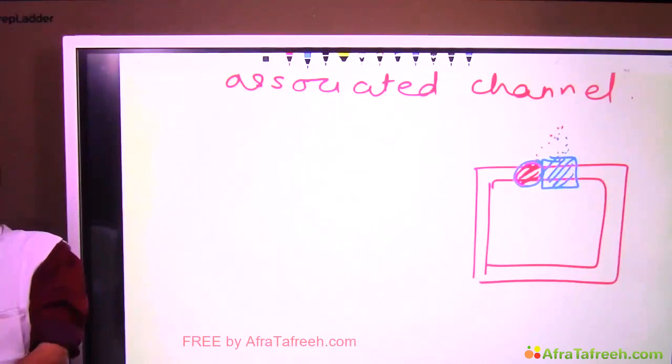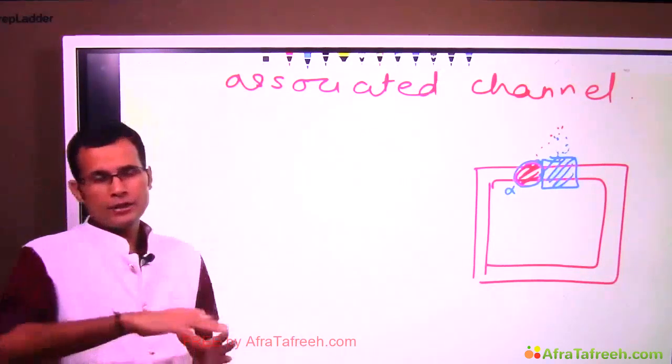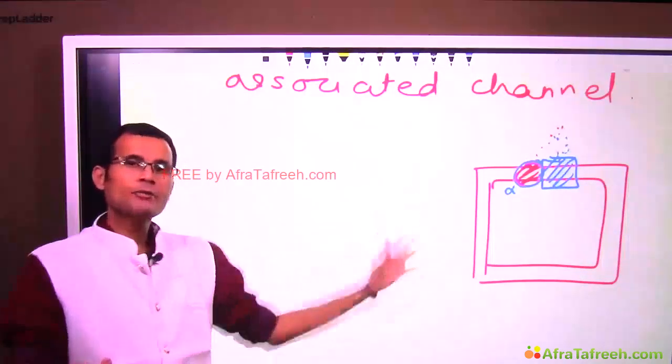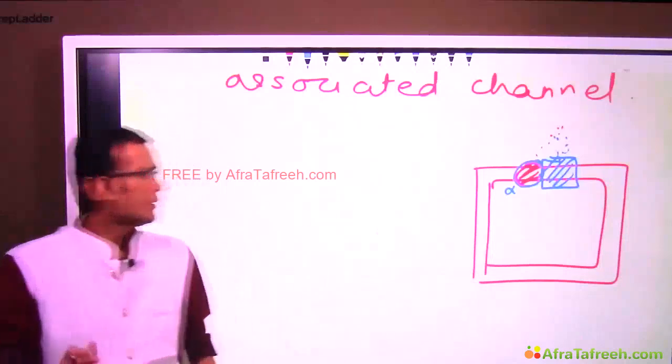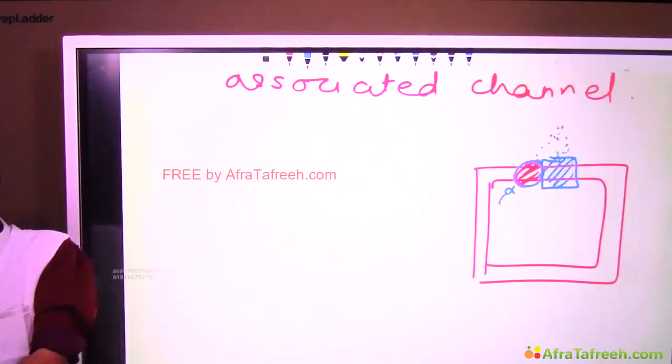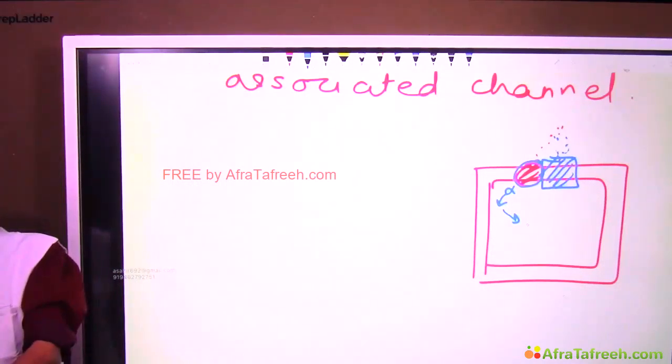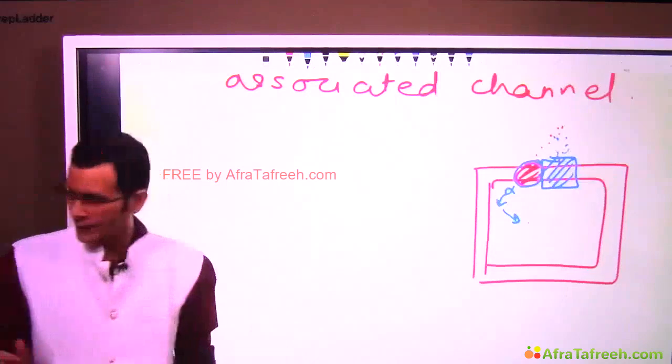Ligand comes and combines with this receptor. The G protein has alpha, beta, gamma subunits. It's a heterotrimeric G protein. The alpha subunit will dissociate from beta and gamma, move along the membrane and activate an effector protein inside the cell called adenylyl cyclase enzyme.